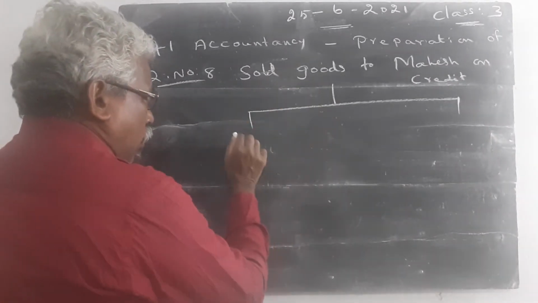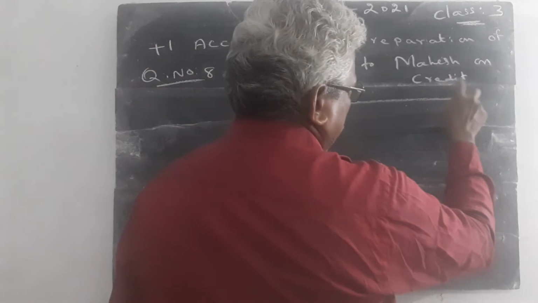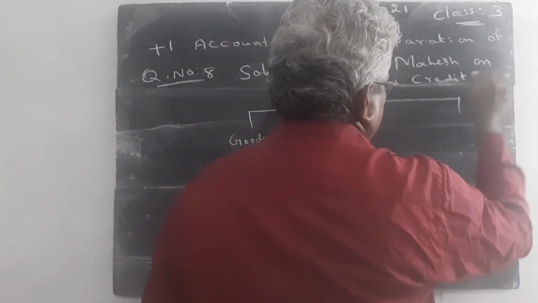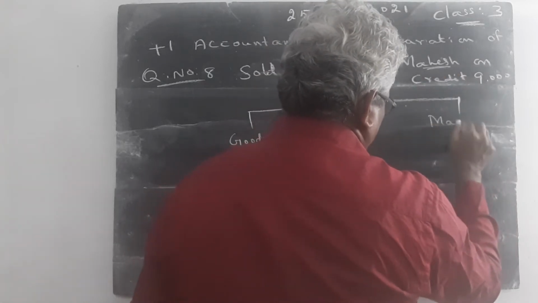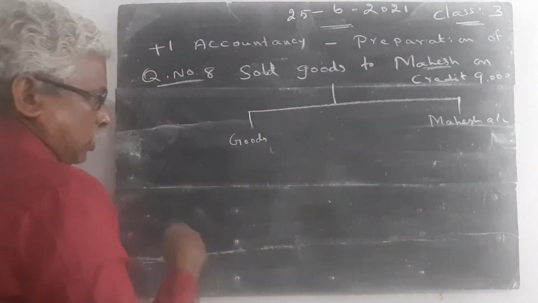This transaction contains two accounts. Number 1, goods account. Number 2, Magesh account, because we sold the goods on credit. Here there are two accounts.